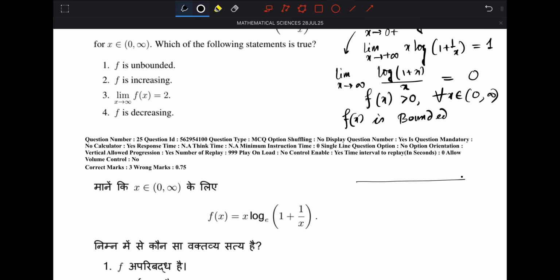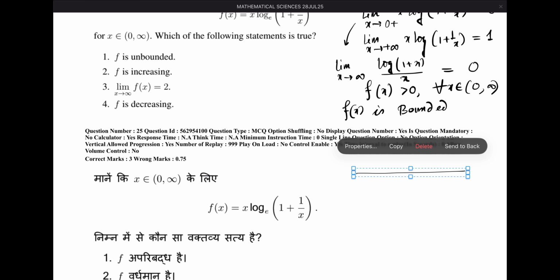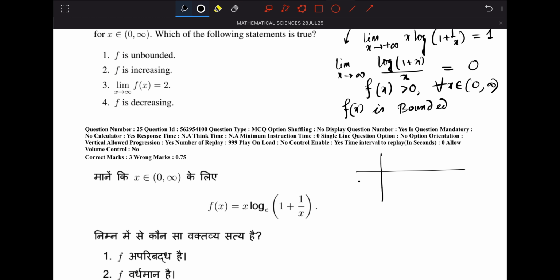So let us draw the picture, with x from 0 to plus infinity.